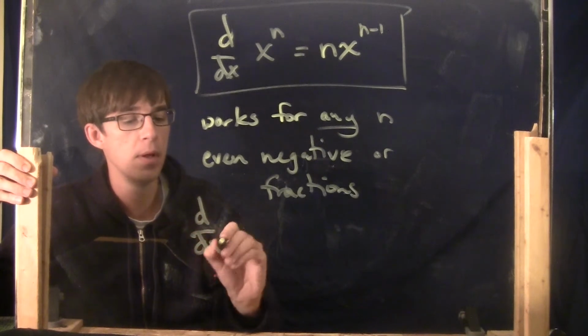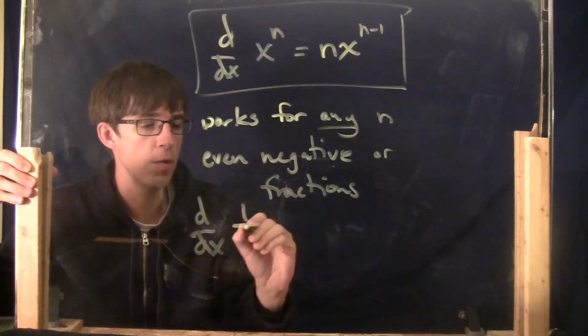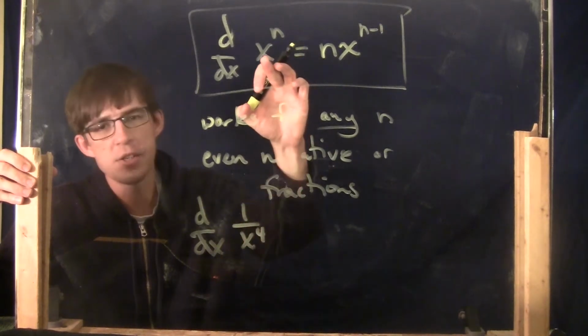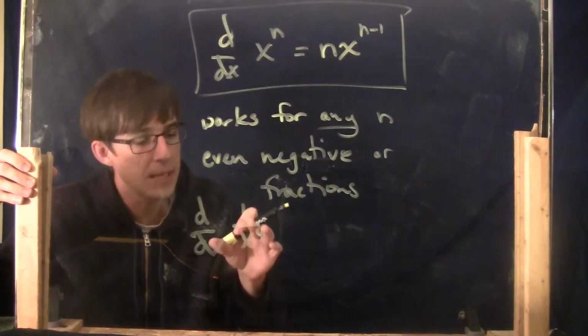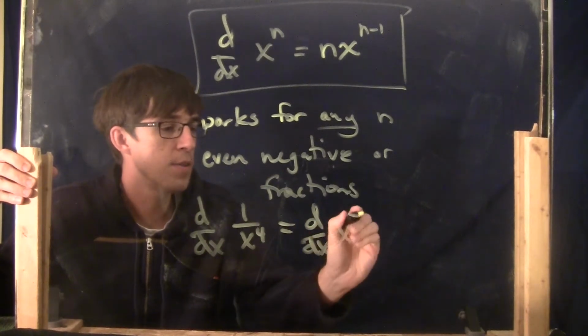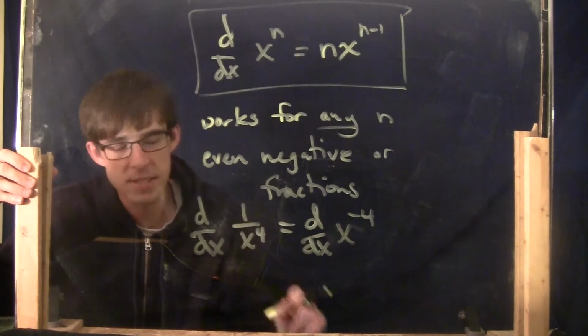For example, what is the derivative of something like 1 over x to the 4? Well, this doesn't look like just some power of x, does it? Well, actually, I hope you know, this is the same as x to the minus 4 power, right? That's what 1 over x to the 4 is the same as, x to the minus 4.